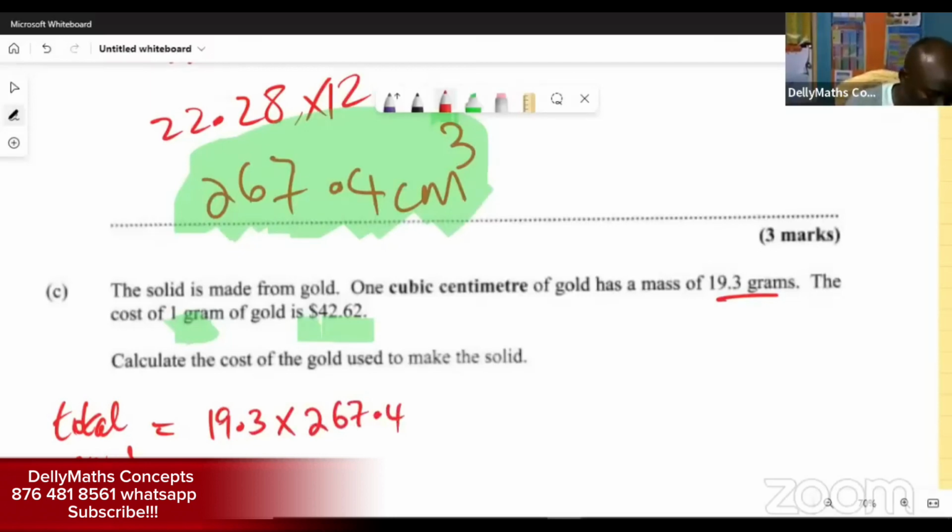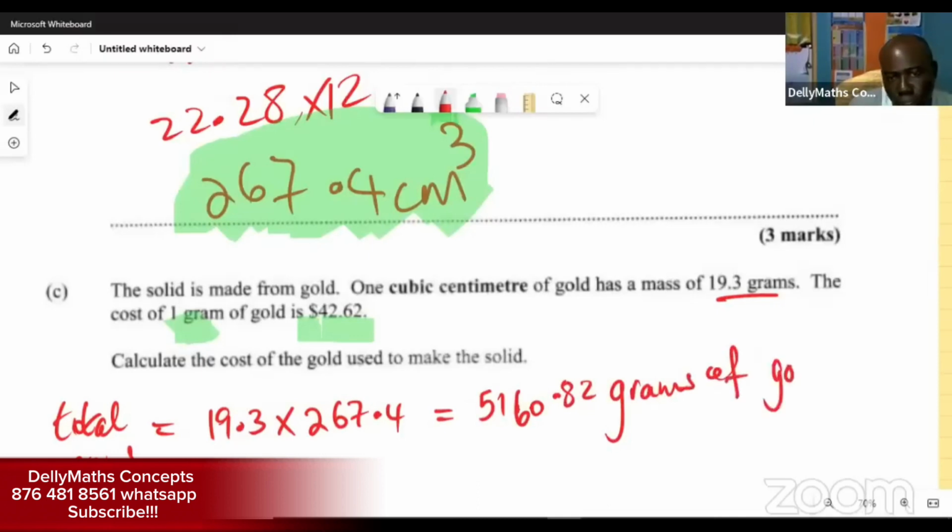So 19.3 times 267.4, and that is going to take me to 5,160.82 grams of gold. Yeah, that's the amount of grams of gold you need. Based on the context, for every 1 cubic centimeter, it is 19.3, so we have to multiply that by the volume, which is 267.4.